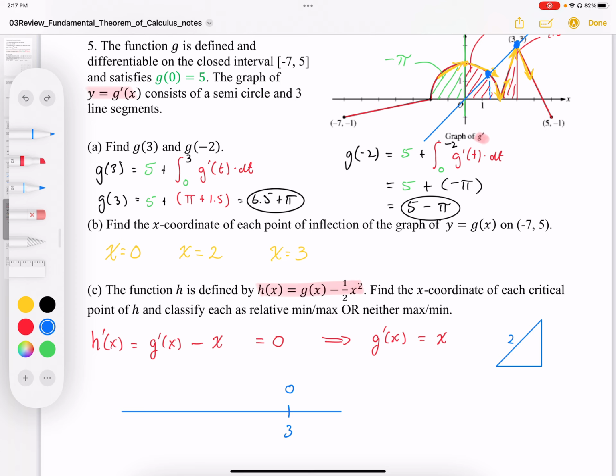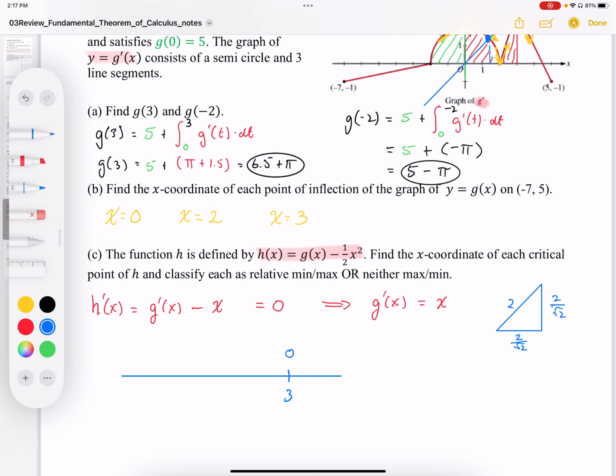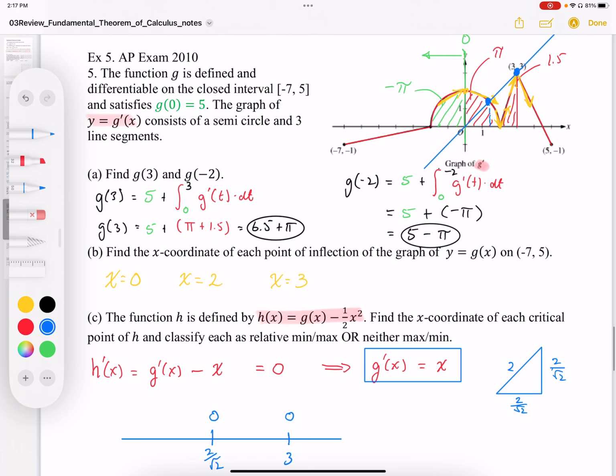So it's going to be 2 over square root 2, and the y-coordinate is also 2 over square root 2. Okay, so that's going to be my x and y coordinate. So that's when the x and y are the same, and thus I'm going to have a solution to this g prime equals x equation. So that blue line that I've drawn is the solution to that equation.